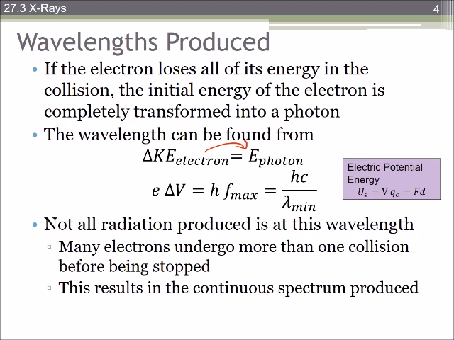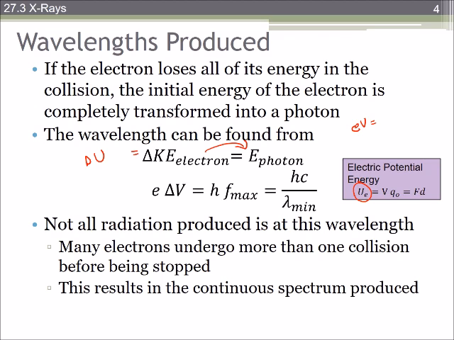And remember that the change in kinetic energy of the electron is equal to its change in potential energy. Potential energy for a charged particle is equal to V times Q. And often in these we're going to use electron volts, which is basically the amount of energy change that one electron goes through if it goes through 1 volt of change.